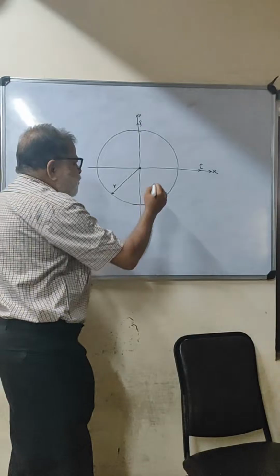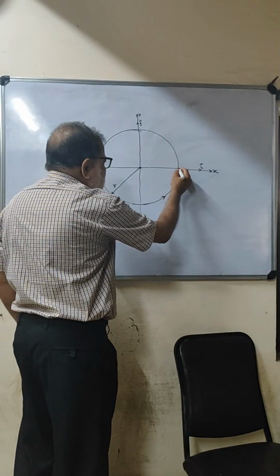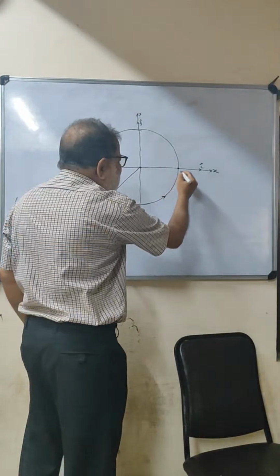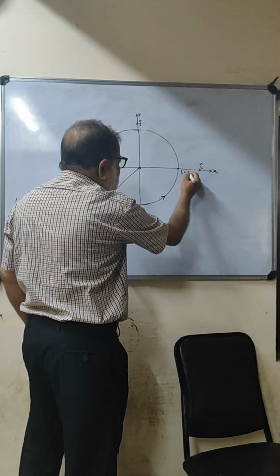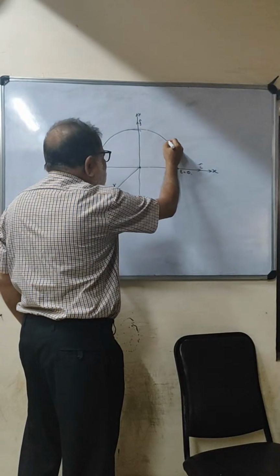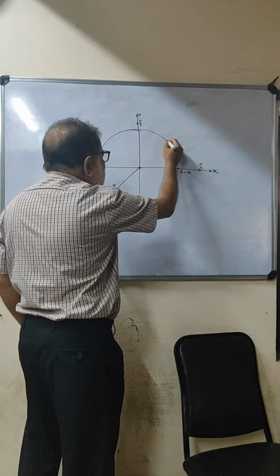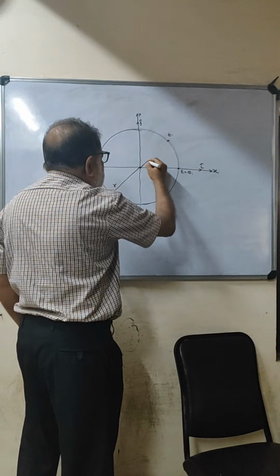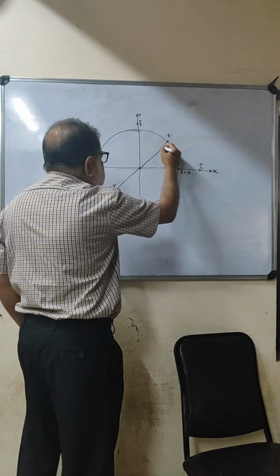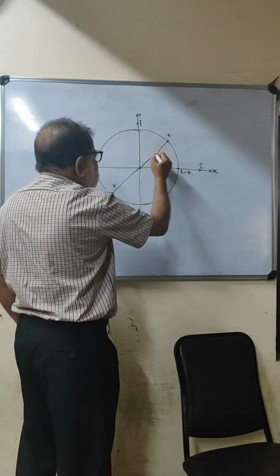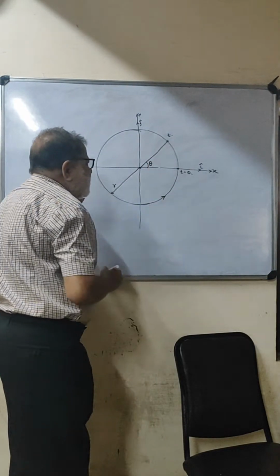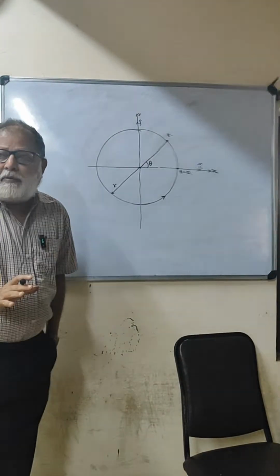At t equals 0, let us assume that the particle crosses the x-axis. And at any instant t, the particle is here, and its radius has rotated by an angle, let us call it theta. I hope that is clear.